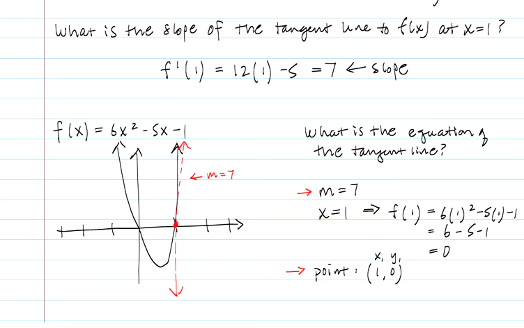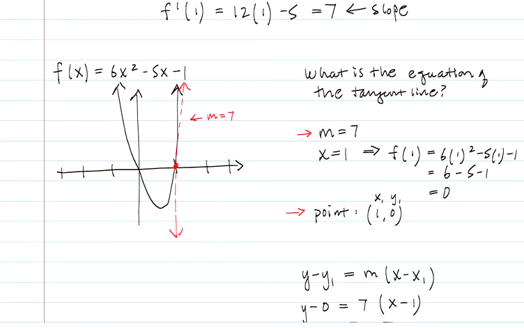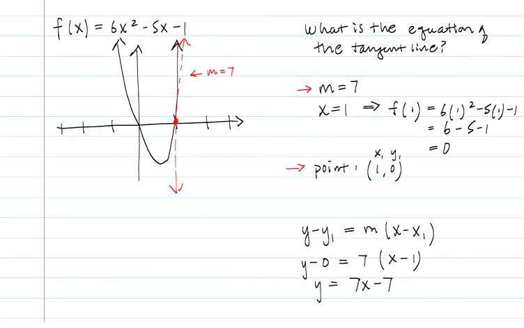I threw out there the point where x equals 1, so we were able to find the slope of the tangent line, or the instantaneous rate of change, right there at that single point where x equals 1. And then we even took it a step further. Since we found the slope of that tangent line, we can go one step further and find the equation of that tangent line, which we found to be y equals 7x minus 7. That's the equation of that tangent line right there.